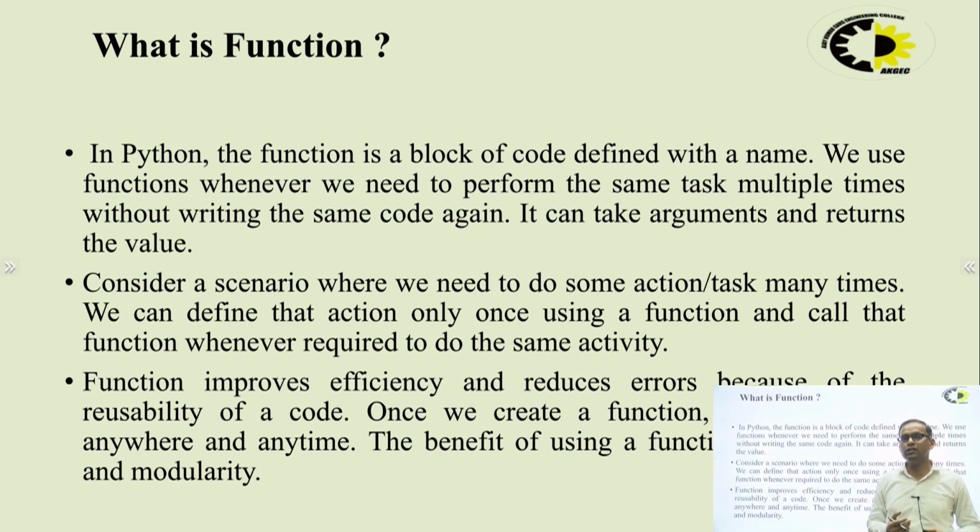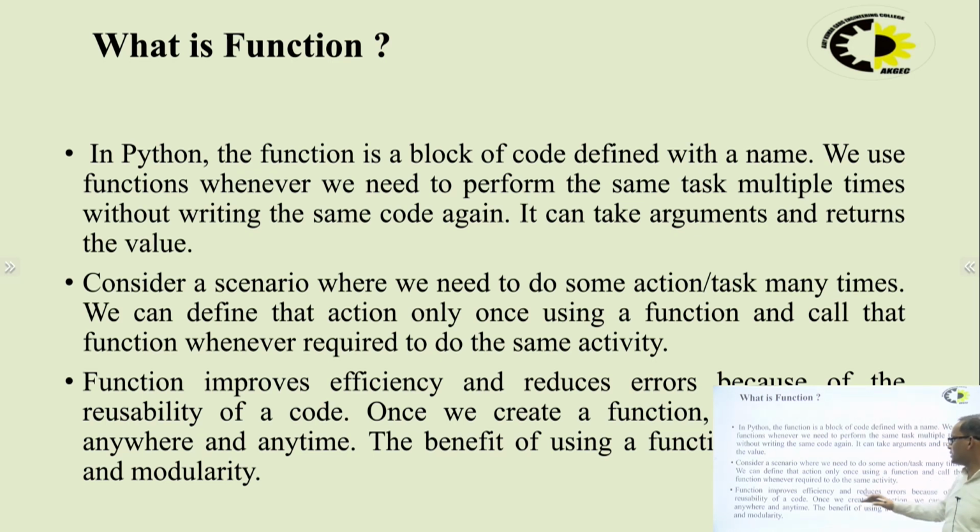So a function is a block of code defined in the program, and that block can be used many times by function calling. Consider a scenario where we need to do some action or task many times. We can define that action only once using a function and call that function wherever we are required to do the same activity again and again within the program.